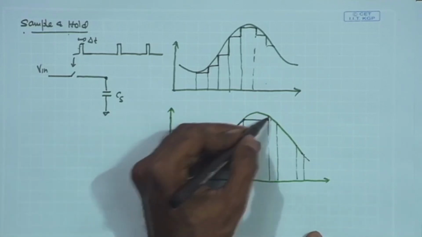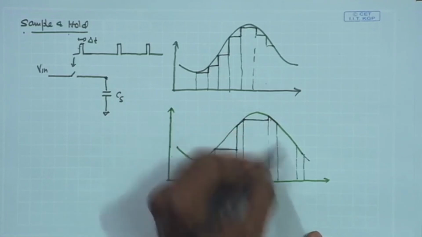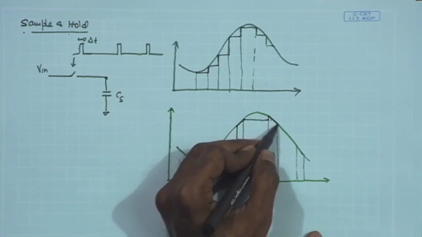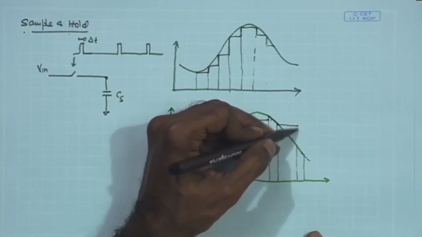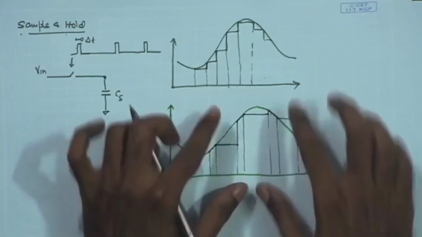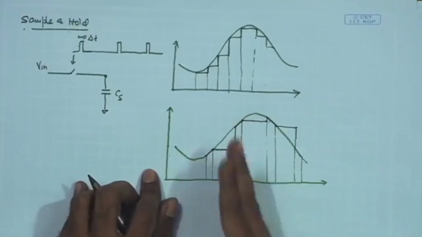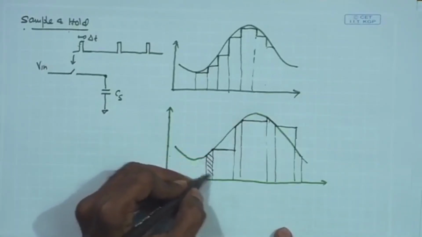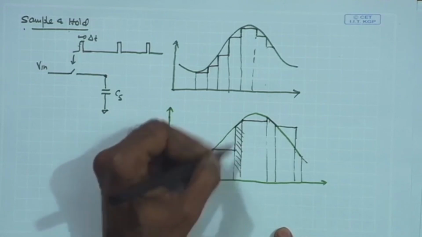So, this is the waveform we can expect if we are looking at the track and hold scheme with a non-ideal switch. I have just zoomed it out, and the sampling frequency is still very large. So, this is the duration in which the switch is on.